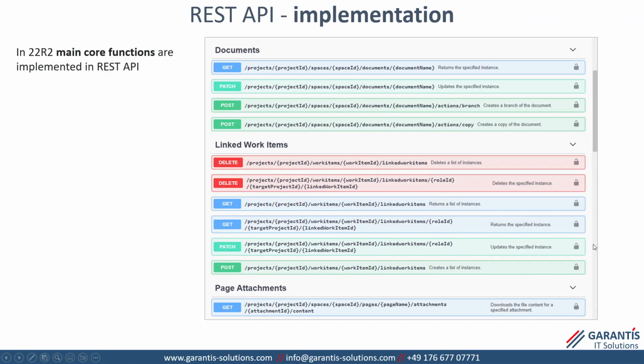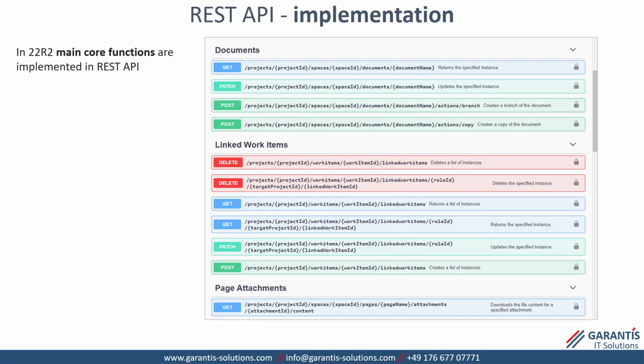So let's move to the next page, which shows us the documentation of REST API. Polarion documented REST API in a very good way. You can get description of REST API functions. You can get small examples of the source code, but at the moment only the main core functions are implemented.